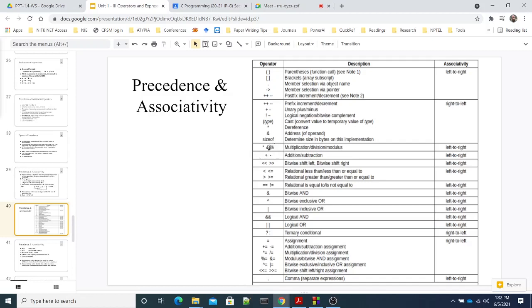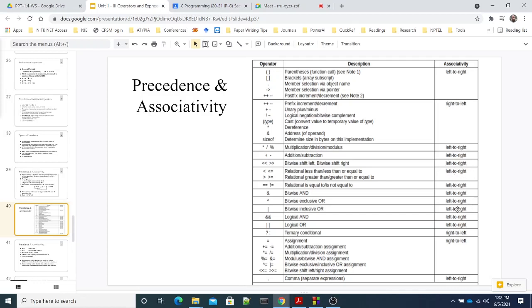Now whenever the precedence is matching, the corresponding associativity rule to be applied is given here. It is left to right. Even for addition and subtraction, associativity is left to right. Other operators you see are also left to right. If the precedence is tied, only then do we invoke associativity.